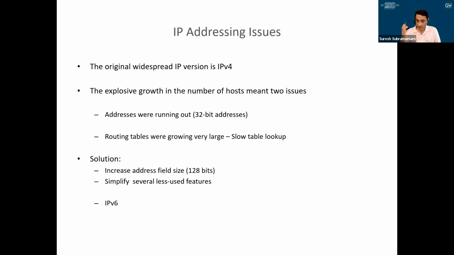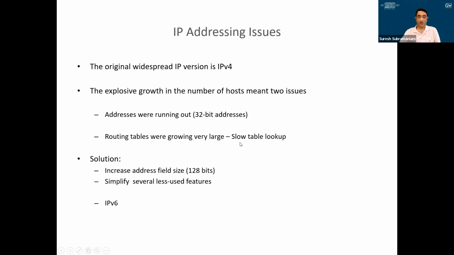So there is a solution that was developed to address this, and the solution is to increase the address field size from 32 bits to 128 bits and simplify many less used features.